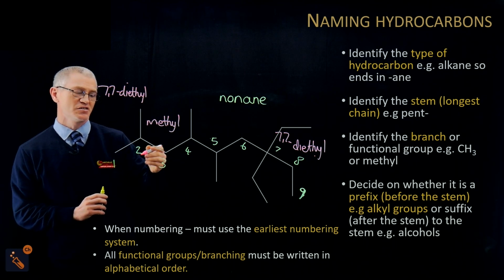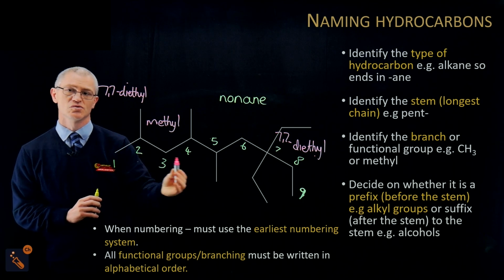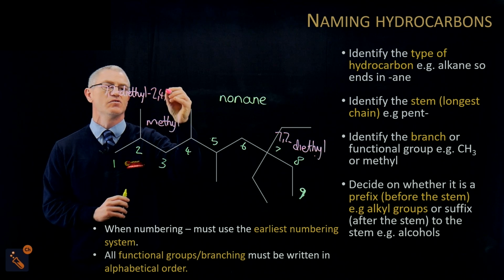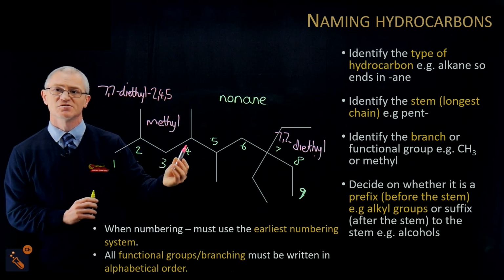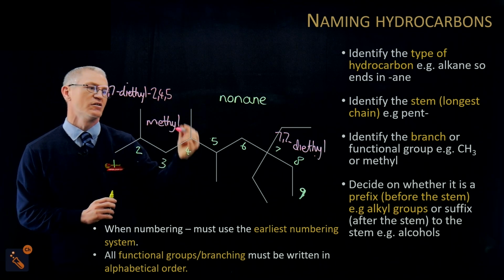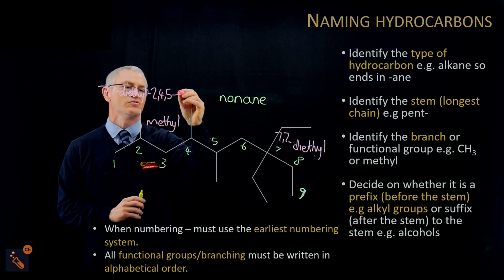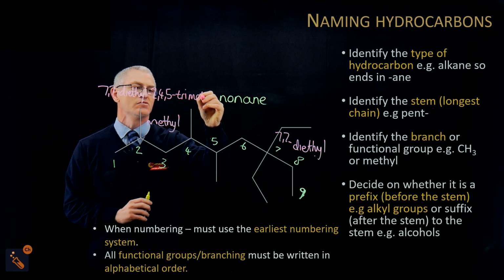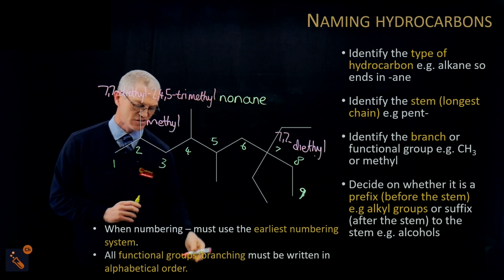From there, you've got your methyls, and you have your methyls at 2, 4, 5. How many methyls do we have? We have 1, 2, 3. So that's 2,4,5, and 3 in chemistry is tri, and they're methyls. So there you have it.